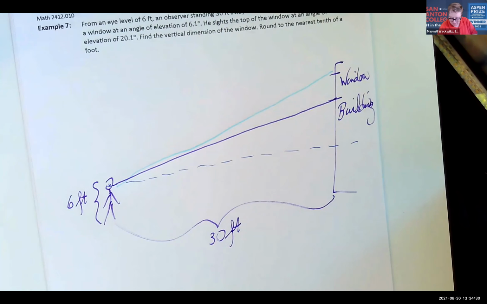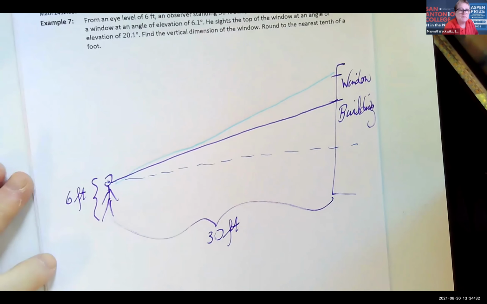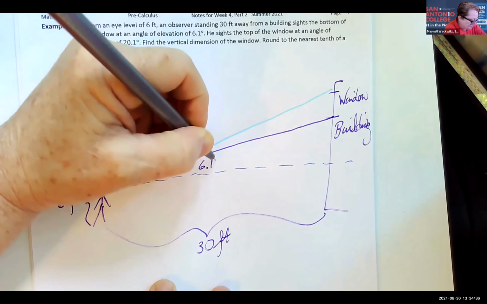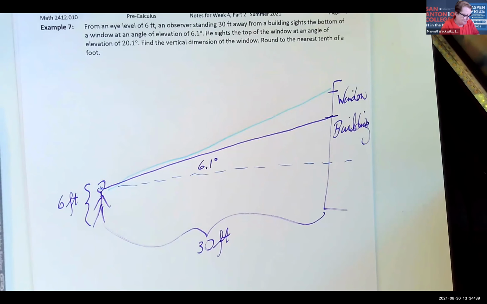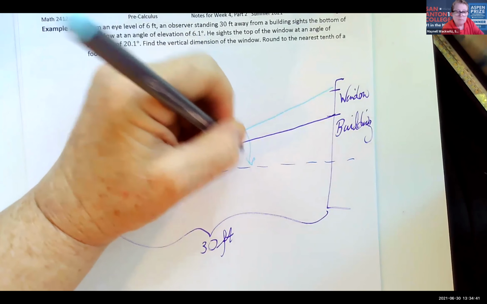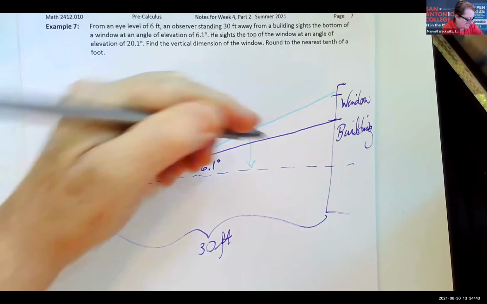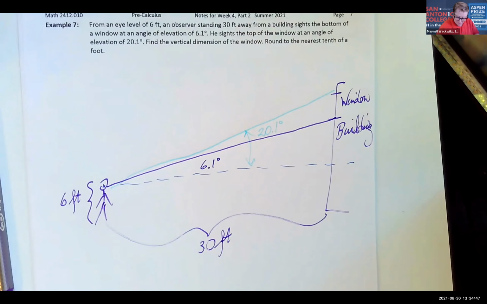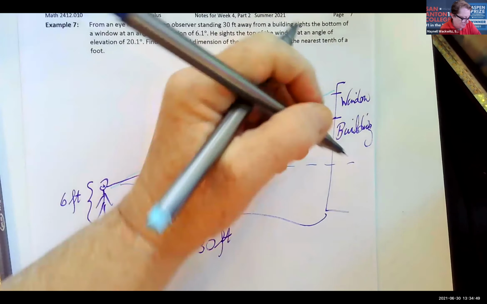The smaller one is 6.1 degrees. And the larger one is 20.1 degrees. In both cases, we've got a right angle.